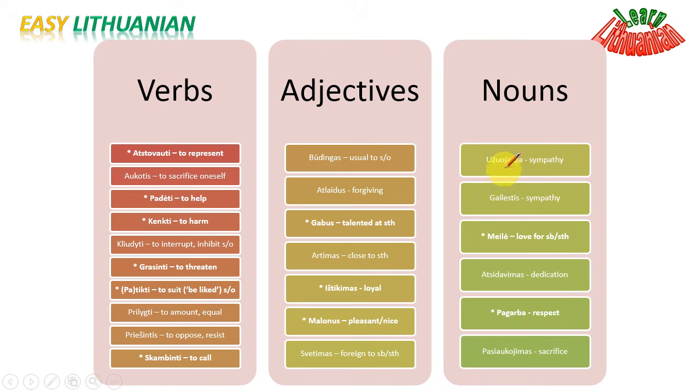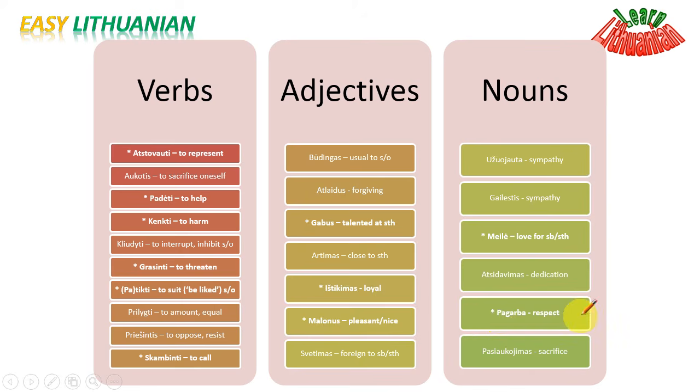Now, nouns. Užuojauta, sympathy to somebody. Užuojauta jums, sympathy for you. Gailestis, sympathy. Meilė, love for somebody or for something. So, meilė tėvynei, love for your fatherland. Atidavimas, dedication to something.